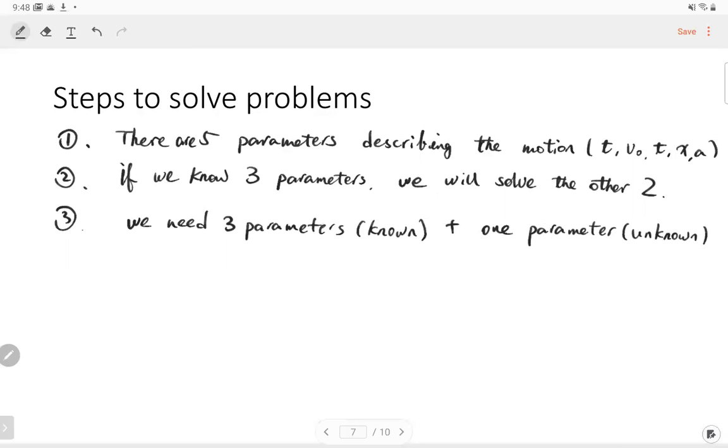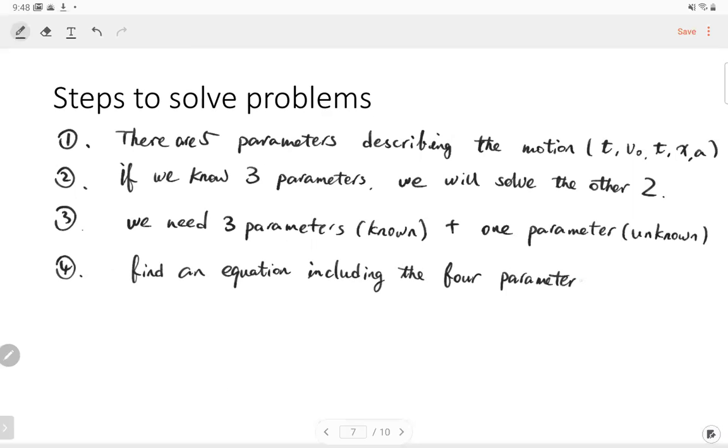And figure out which equation includes these 4 parameters. Find an equation including the 4 parameters. Then the final step is to solve the equation.